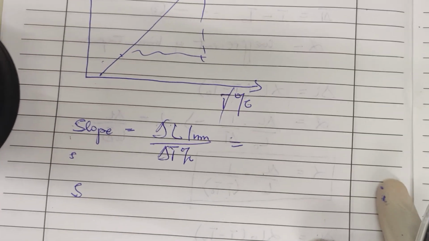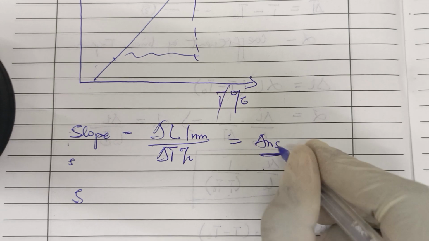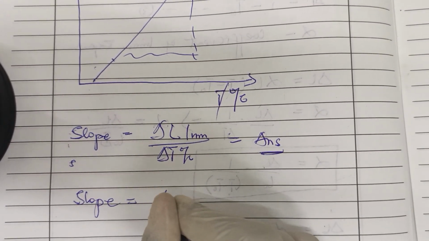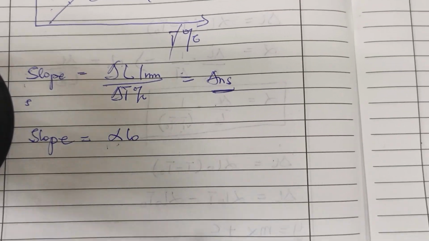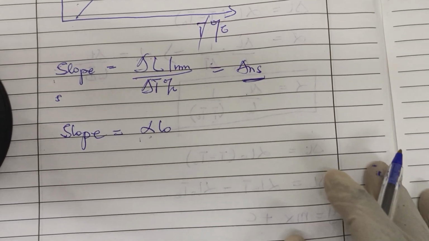Okay, so after you plot the graph, you find your slope, right? After finding your slope, you equate the answer of your slope to L naught times the coefficient of linear expansion. Mind you, we are interested in finding the coefficient of linear expansion.